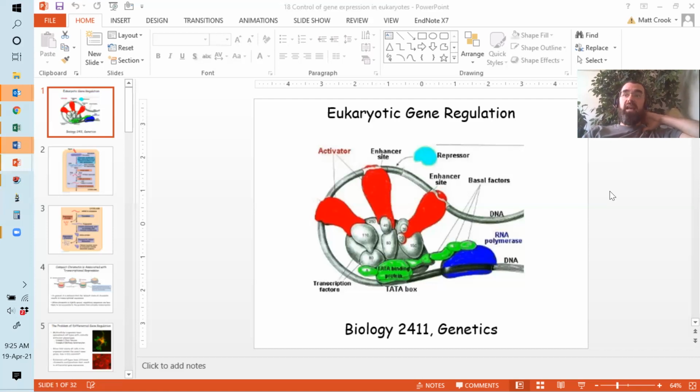Well, the key is pre-mRNA. So what's the process that turns pre-mRNA into mRNA? There's a series, 3 different events.